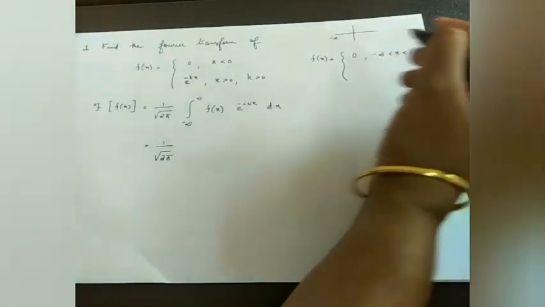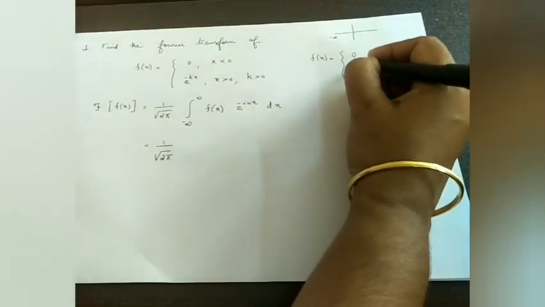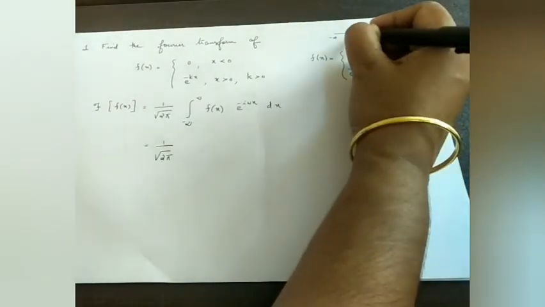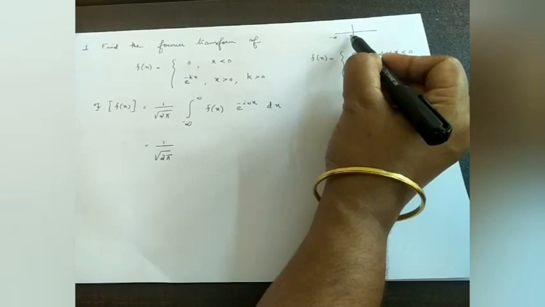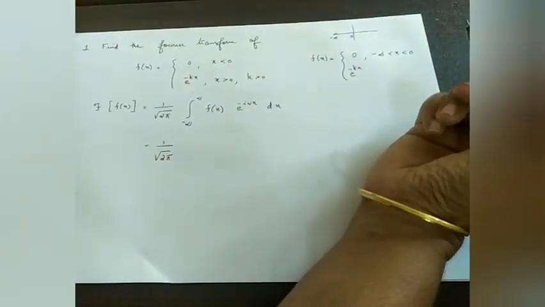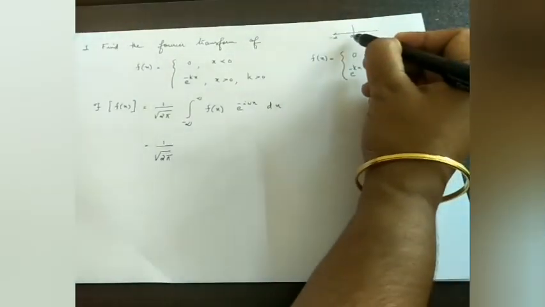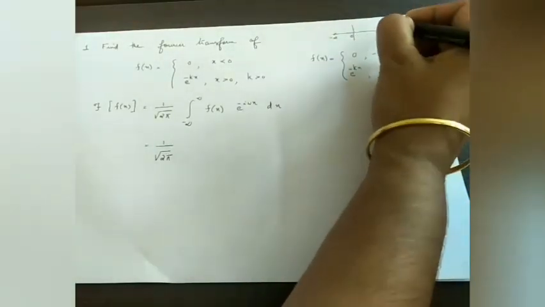Okay, now e raised to minus kx when x greater than 0. X less than 0 means it can extend up to minus infinity. Now, e raised to minus kx when x greater than 0. X greater than 0 can be extended up to infinity.